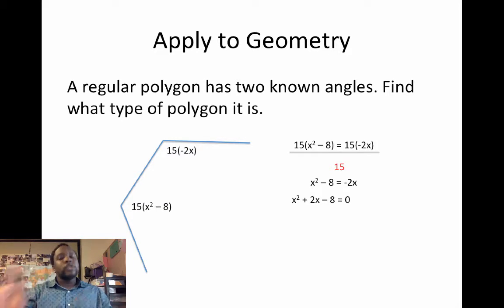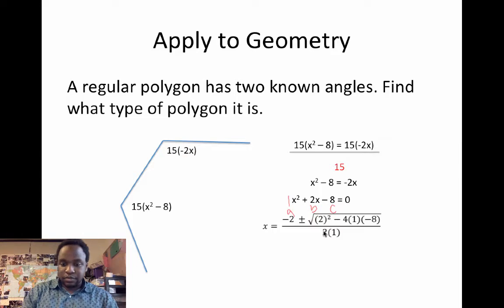This time, while you can factor, because I wanted to keep the numbers nice, we're going to use the quadratic formula. So in this case, please tell me what A, B, and C are in this quadratic equation. So A equals 1, B equals 2, and C equals negative 8.